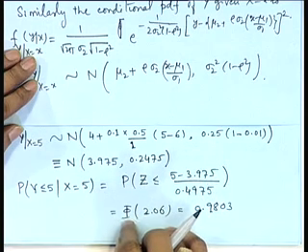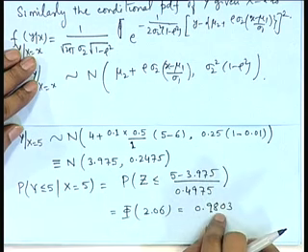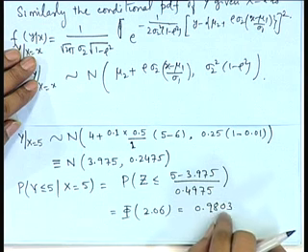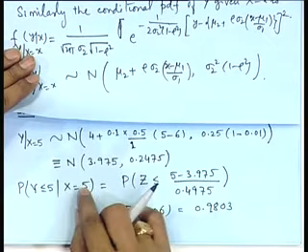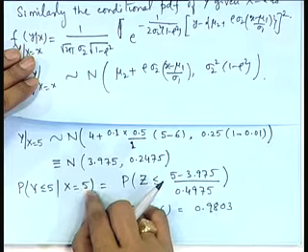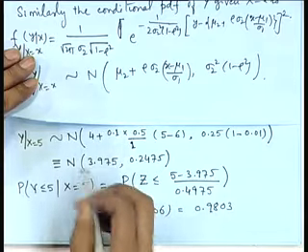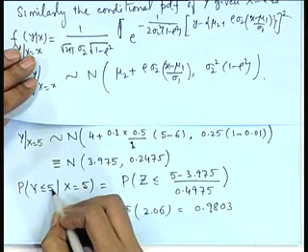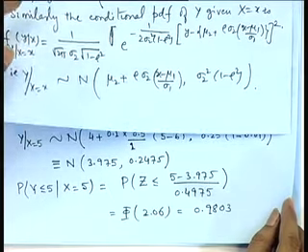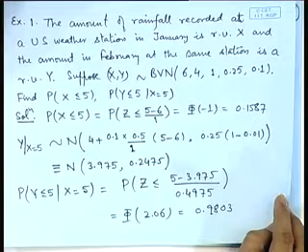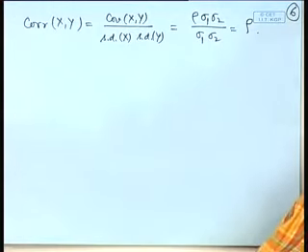So, after simplification it turns out to be phi of 2.06, which is 0.9803, which is quite high probability, but that is understandable because in January there is more rain. So, since the variables are correlated, it is affecting the probability of y also. Let us take up another example of a similar nature.